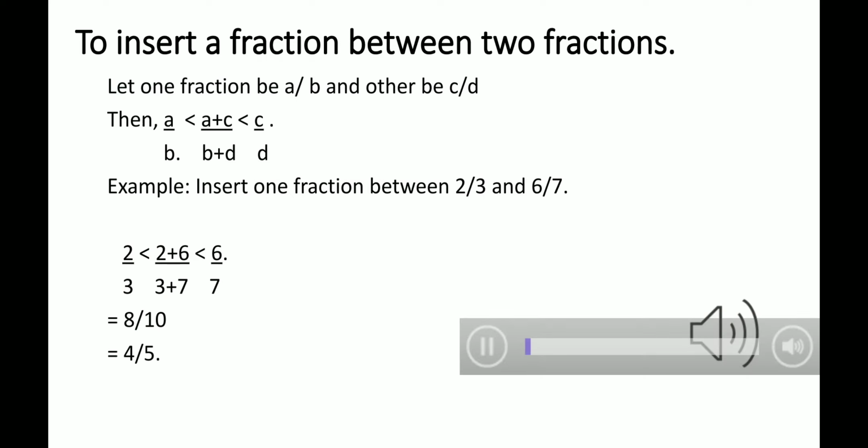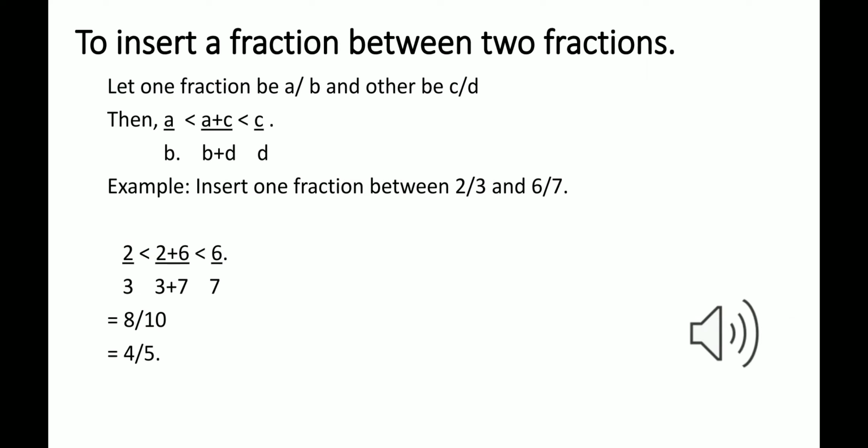So here we are going to study how to insert a fraction between 2 fractions. There will be questions in the exercise like this, to insert one fraction between 2 fractions. Now let us assume that one fraction is a upon b and another fraction is c upon d.